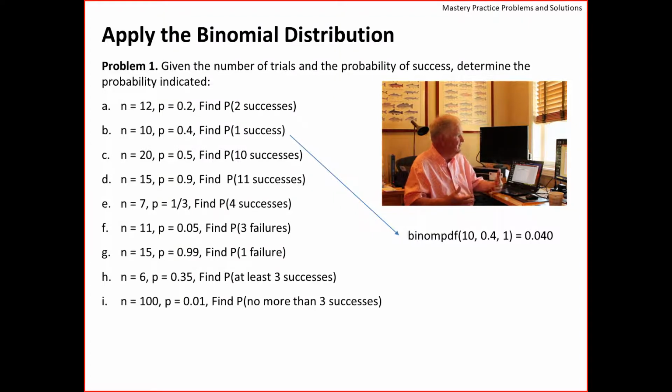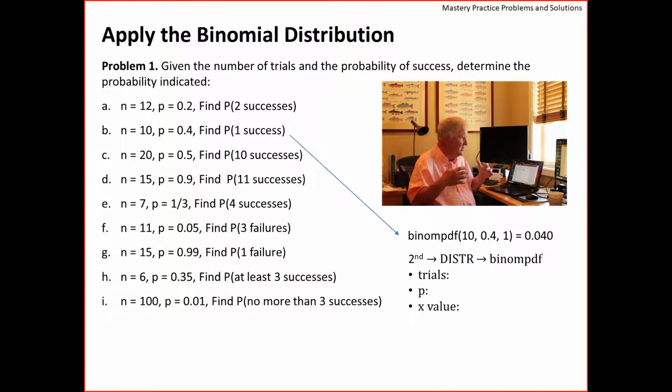Let's just go ahead and finish problems C, D, and E, which are all exactly the same. What I'm reminding you here is that what you're doing is you're hitting the second, the blue activates the blue buttons, if you would. Distribution, you're finding binomial PDF in this case. You're entering trials, P and X value, and you're off to the races.